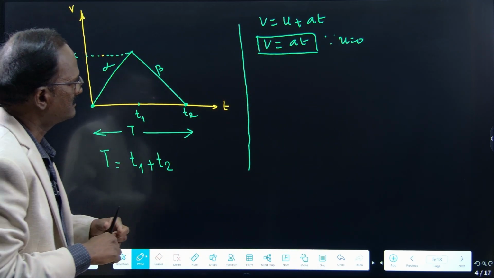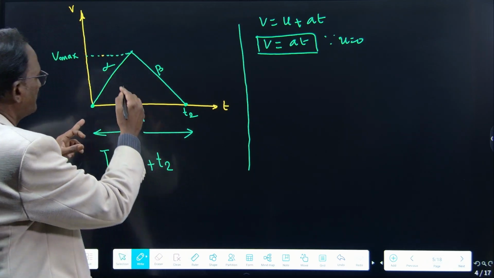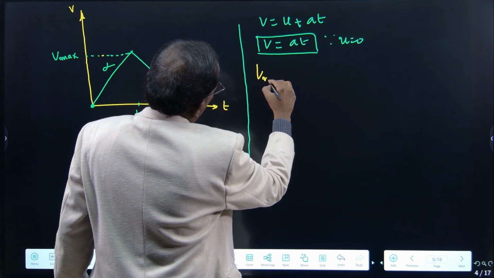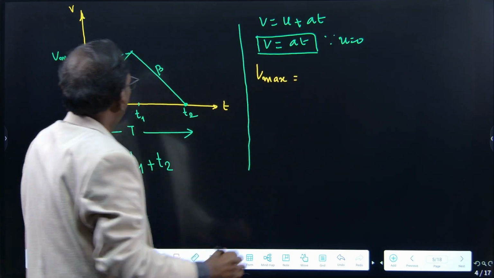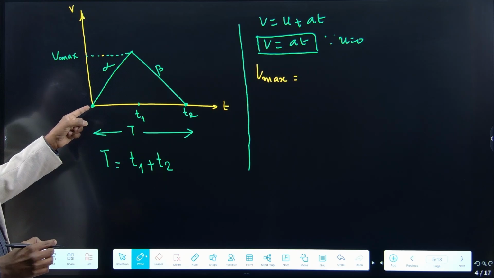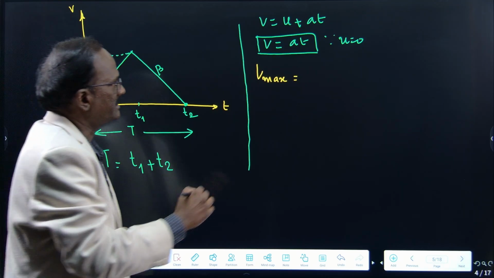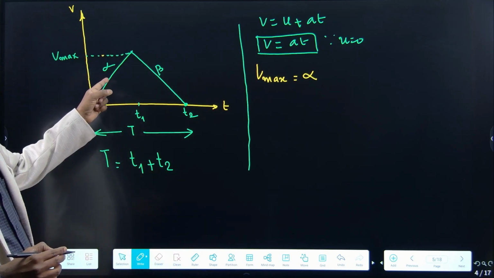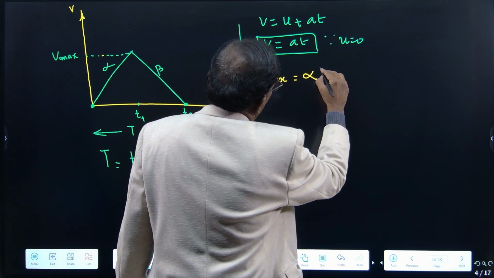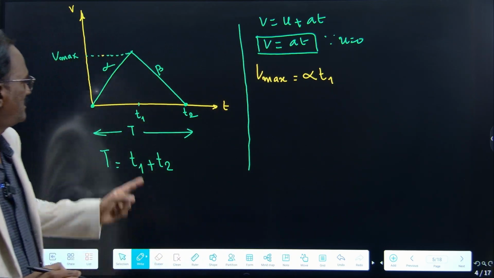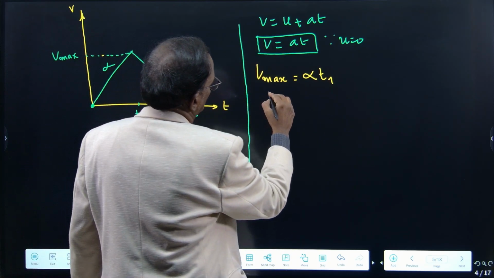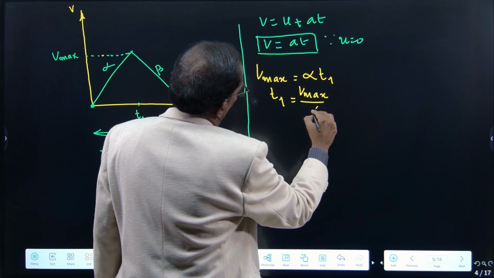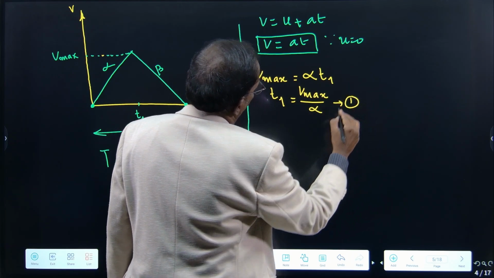For T1, Vmax is the final speed, and the initial speed is 0. Vmax is equal to alpha, the acceleration we have considered as alpha, into T1, the time. So T1 is equal to Vmax by alpha. This is equation number 1.